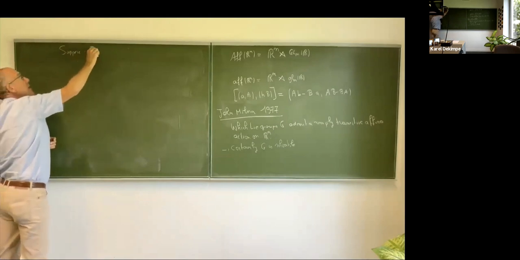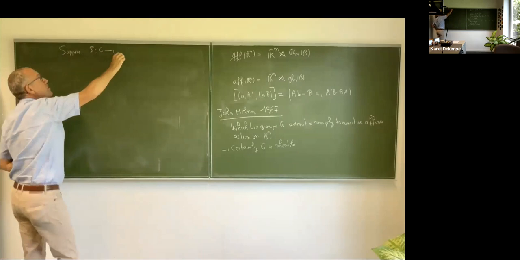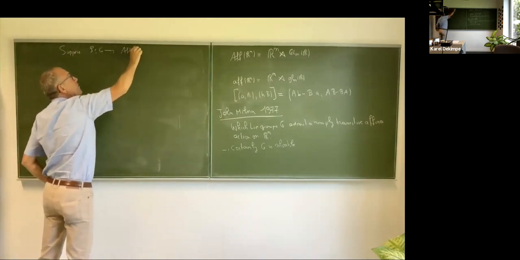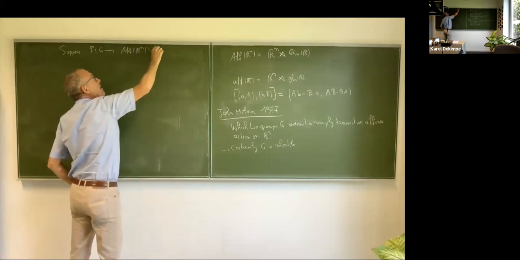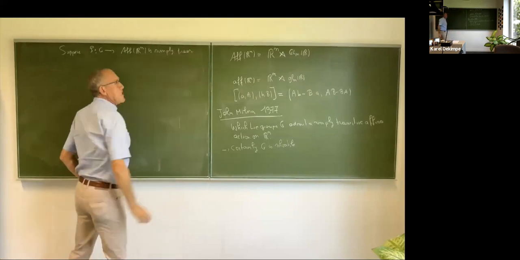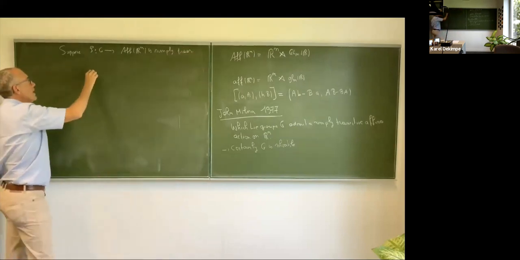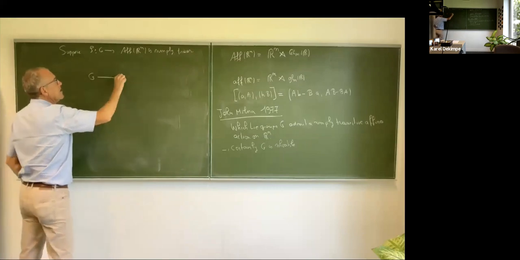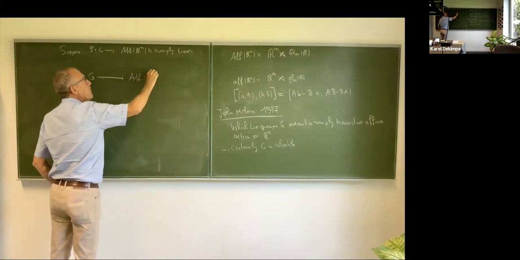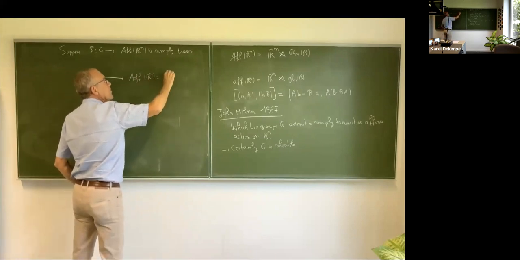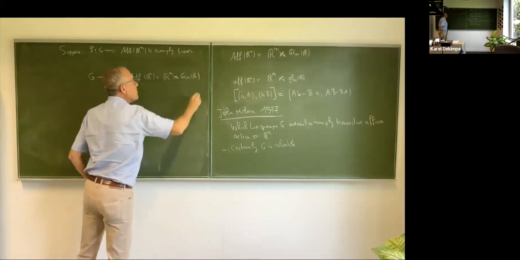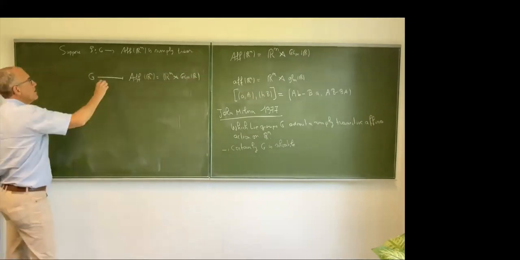So suppose now that rho from G to the affine group is such a simply transitive action. So what I get is G going to the affine group of Rn, which can be written as a semi-direct product. This is rho.